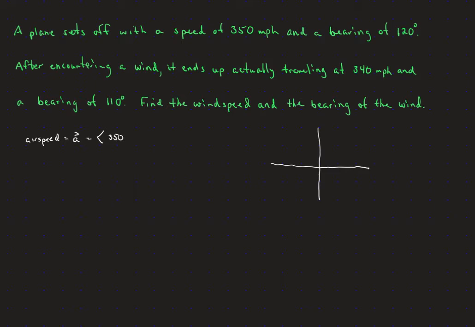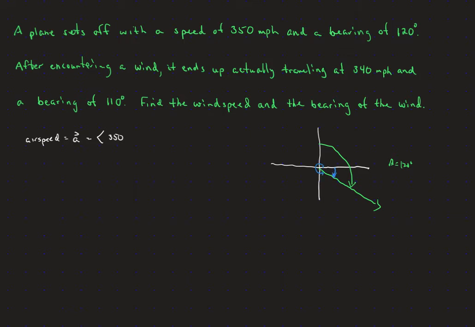So remember, a bearing goes from due north 120 degrees clockwise. So 90 degrees would take us to the x-axis. So this is our bearing right here of 120 degrees. Now that's going to make our direction angle either go this way or go around there.